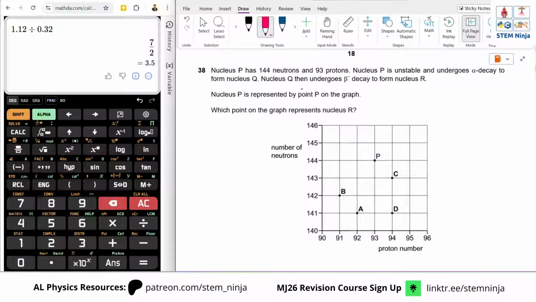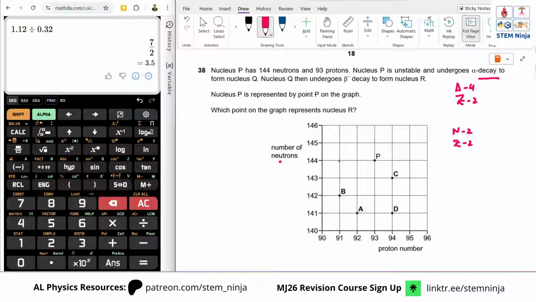Remember one thing. When alpha decay happens, the mass number decreases by 4 and the proton number decreases by 2. So the number of neutrons also decreases by 2. Neutrons minus 2, protons minus 2.